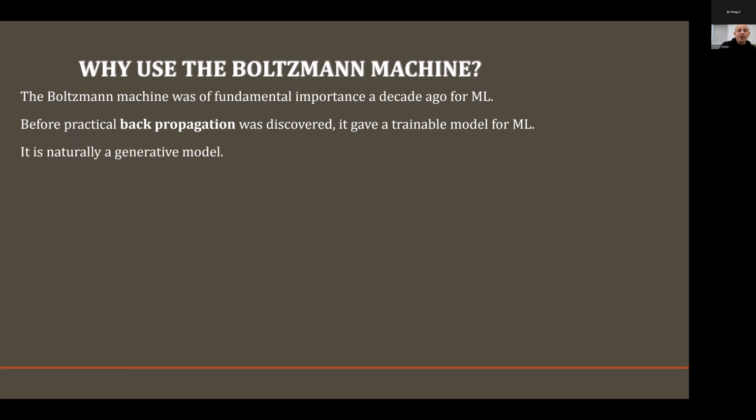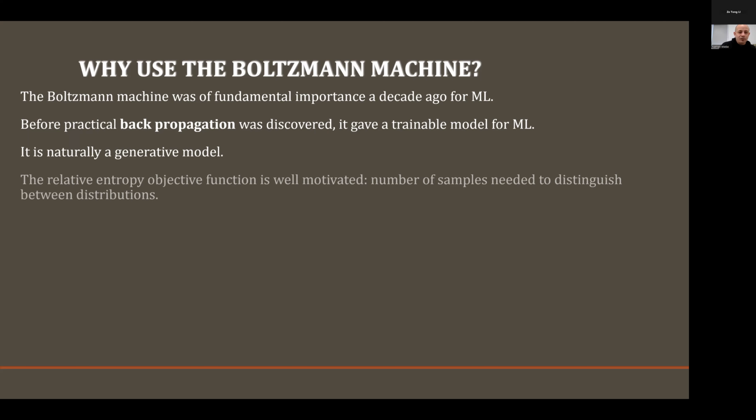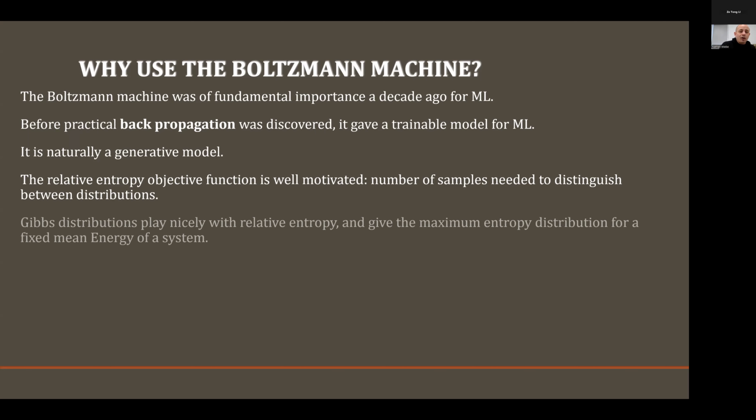However, the Boltzmann machine is, which is a really nice feature. The other thing that's really nice about it is that the objective function we end up using is super well motivated, and Gibbs distributions play really nicely with it. So the expression for the derivative of your training objective function, i.e. the KL divergence, is actually easy to compute. In fact, it's easier to find than the KL divergence.